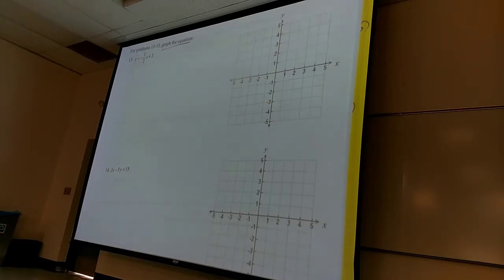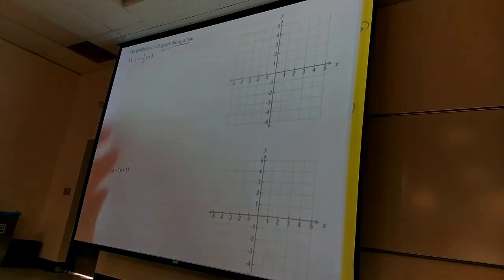There's going to be a problem that says make an XY table, one that says find the intercepts and then graph, and one that says put it in the right form, tell me the slope and y-intercept, and then graph using it. I'm going to ask you all three ways. But if the problem just says graph this equation, you get to choose. I'm not going to take points off just because you did it the hardest way. That's your choice. As long as you get it right, it'll be good.